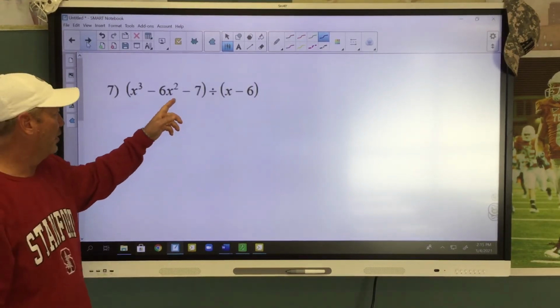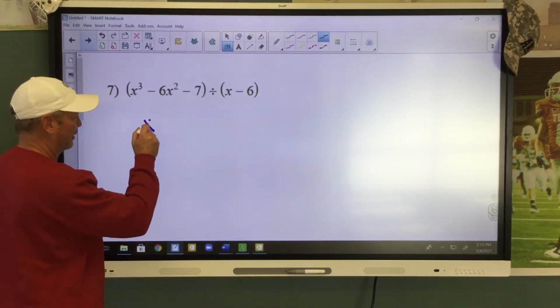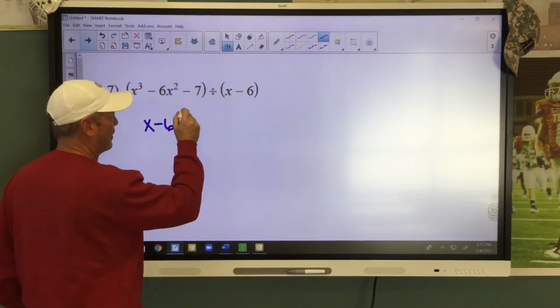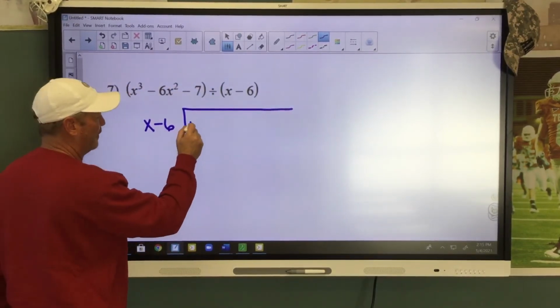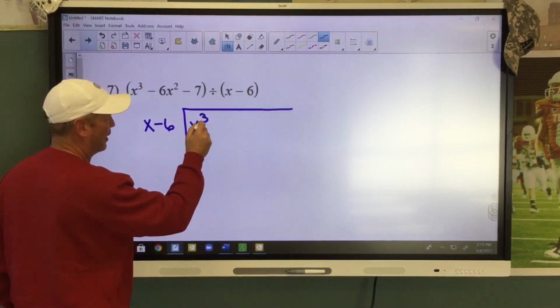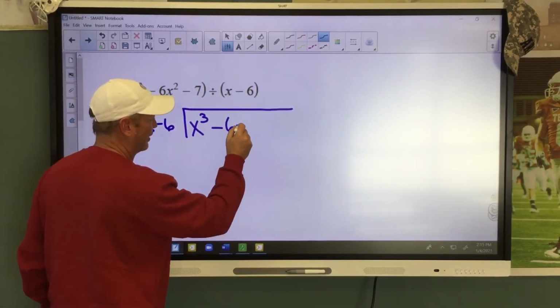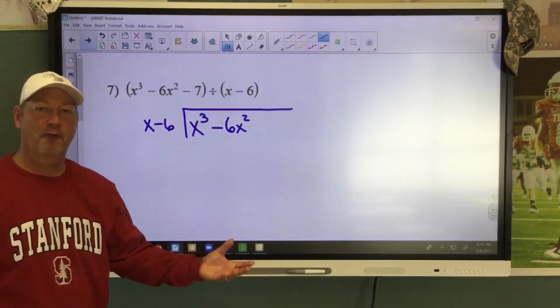Okay, so we're going to go x minus 6 divided into, here's x to the third, there's your x to the second, but I don't have x to the first.